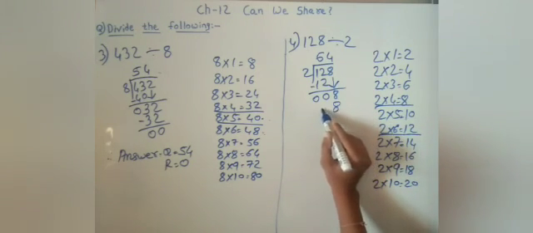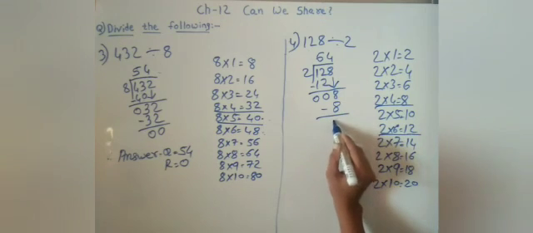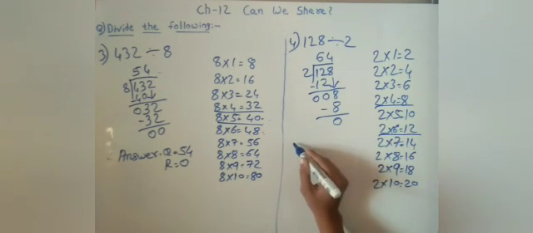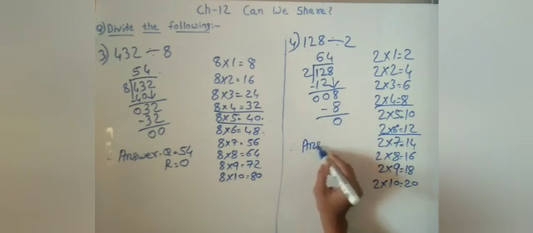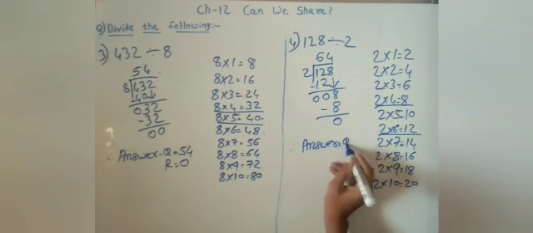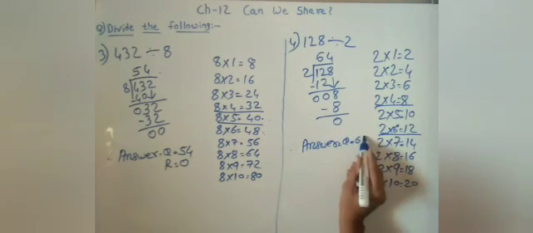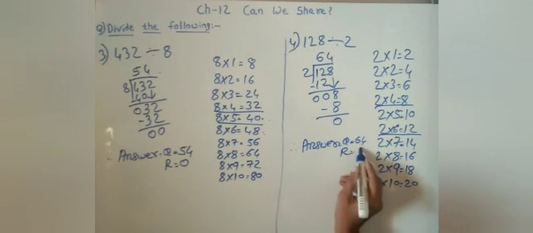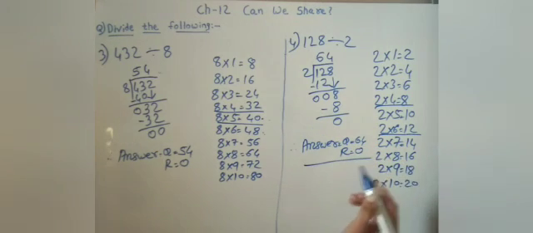We will subtract. 8 minus 8, 0. Therefore the answer is quotient 64 and remainder 0. I hope that you have understood it, and the remaining sums you have to solve on your own.